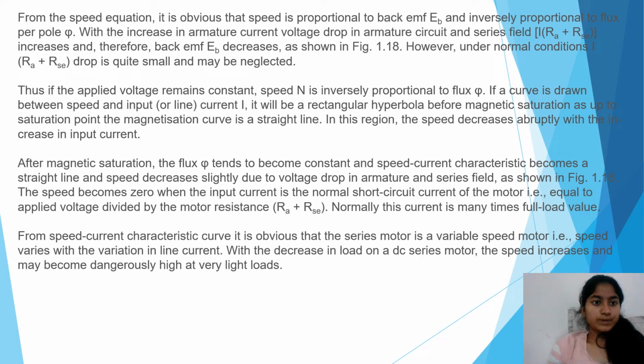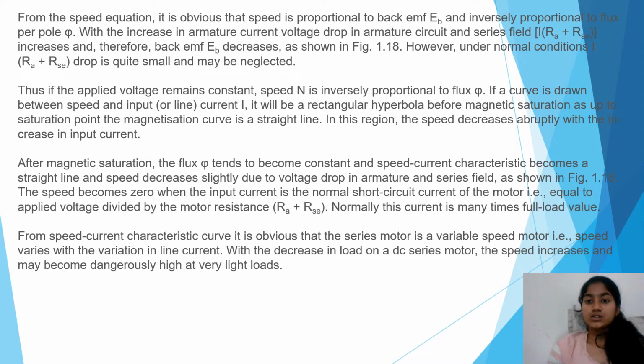From the speed equation, it is obvious that speed is proportional to back EMF Eb and inversely proportional to flux per pole. With the increase in armature current, the voltage drop in the armature circuit and series field, I times Ra plus Rc, increases, and therefore back EMF Eb decreases, as shown in figure 1.18 in the previous slide.